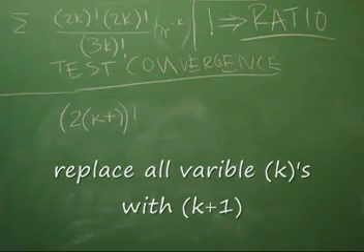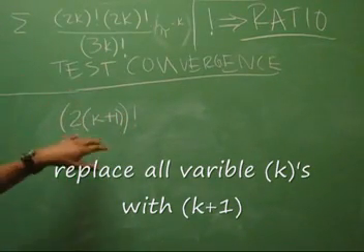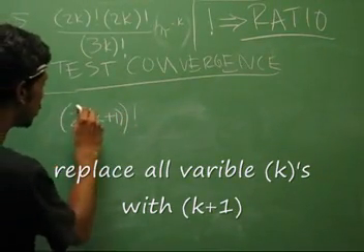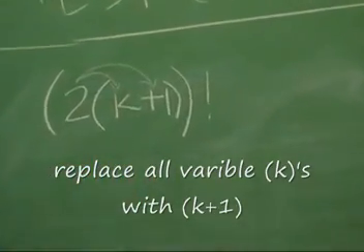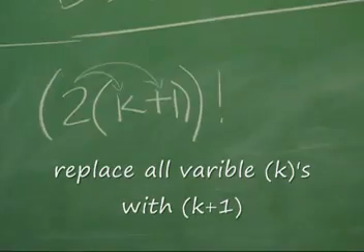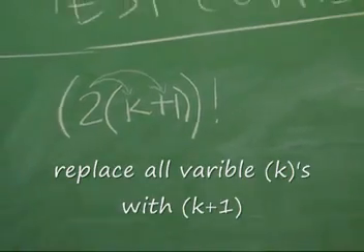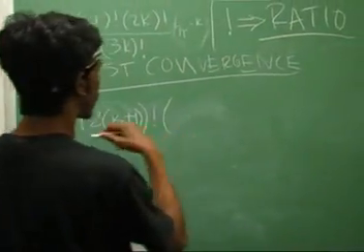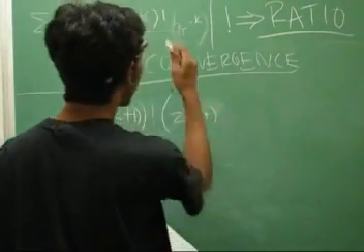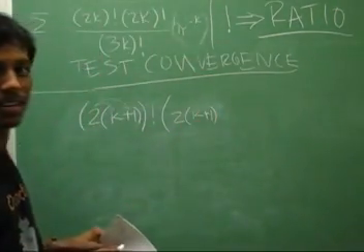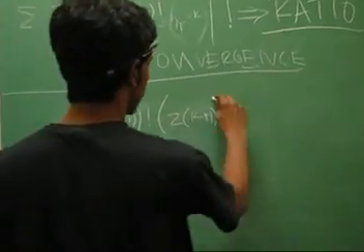So as you can tell, once you distribute the 2, it will be 2k plus 2, which is very important because that can lead you to a wrong answer very easily. So make sure you take very good care when you're writing these. Make sure to replace the k and not just write k plus 1.